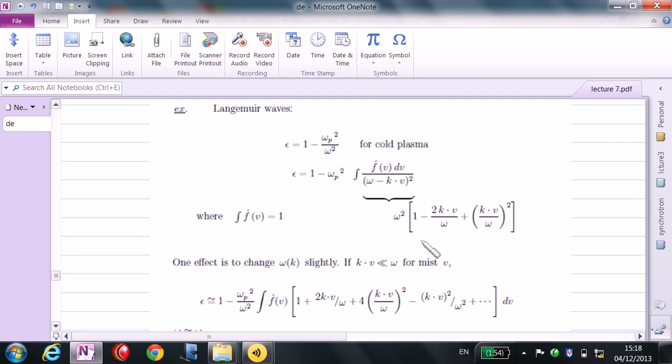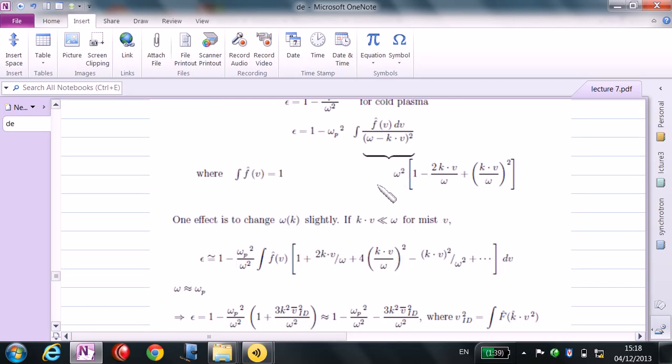But the point is that Vlasov didn't know what to do with this denominator, so he just integrated over every place except where it went to zero, and he got the right dispersion relation except for the Landau damping. Landau was the second person who tried to solve the Vlasov equation.